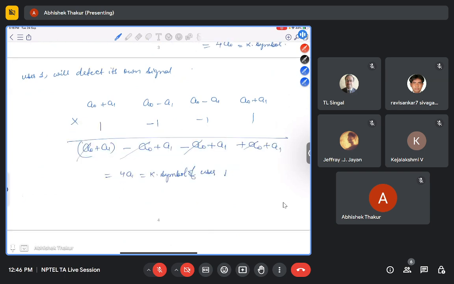So the basic property of CDMA is that the signals of the different users are multiplexed over the common wireless channel employing different codes.